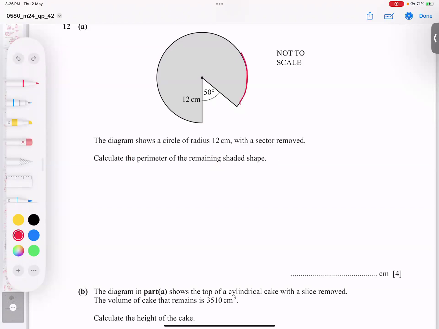I have to find out this straight length. What is the straight length? 12. If this is 12, this is also 12. And this arc length. So it means 2 radii and 1 arc length. So radius 12 plus 12 and theta by 360. But the important part, let me write the formula first: theta over 360 into 2 pi r.